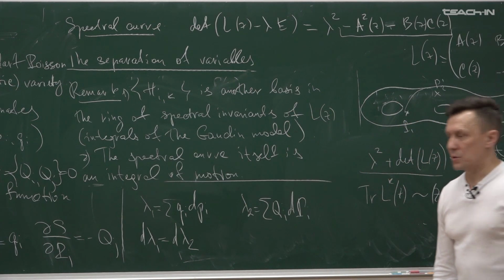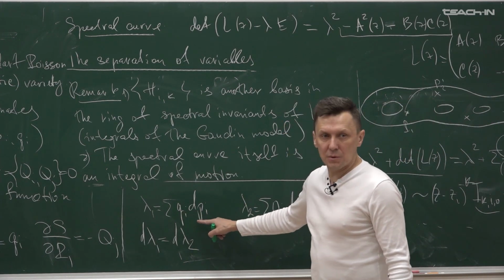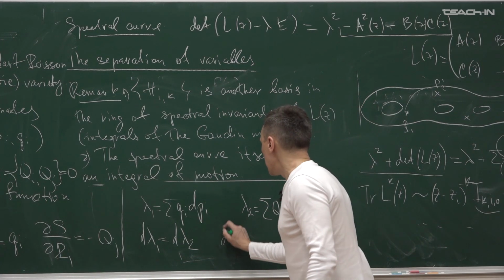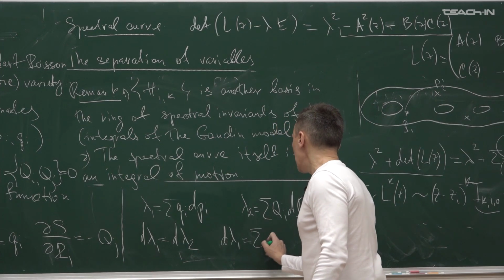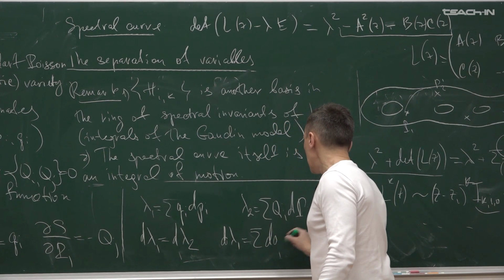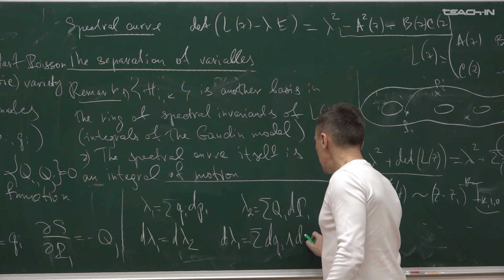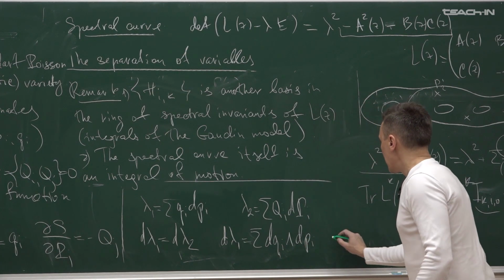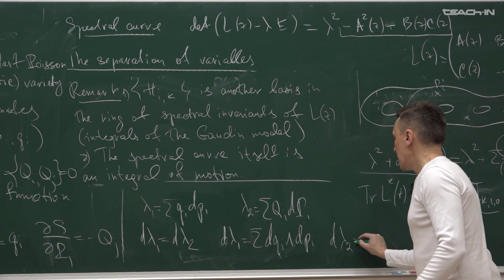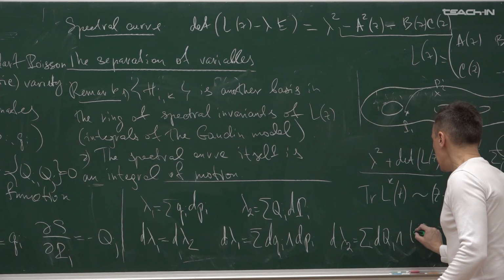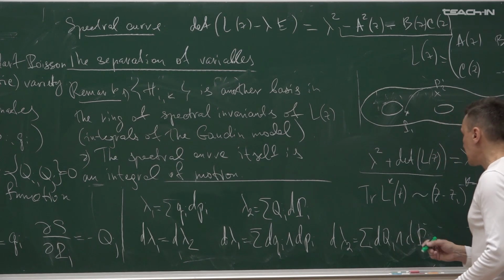Do you remember how to calculate the differential of the one-form? So d lambda 1 is just the sum of dp_i dq_i, and d lambda 2 is the sum of dQ_i dP_i.